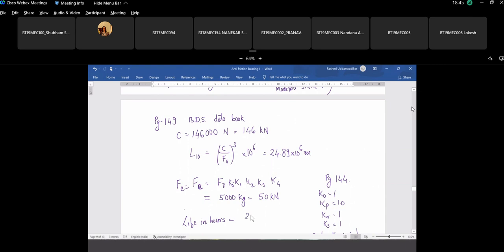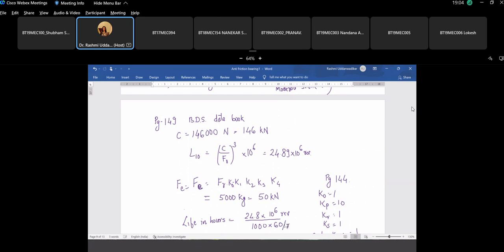It is 24.8 into 10 raised to 6 revolutions divided by 1000 revolutions in a minute, or 1000 into 60 revolutions in 1 hour.